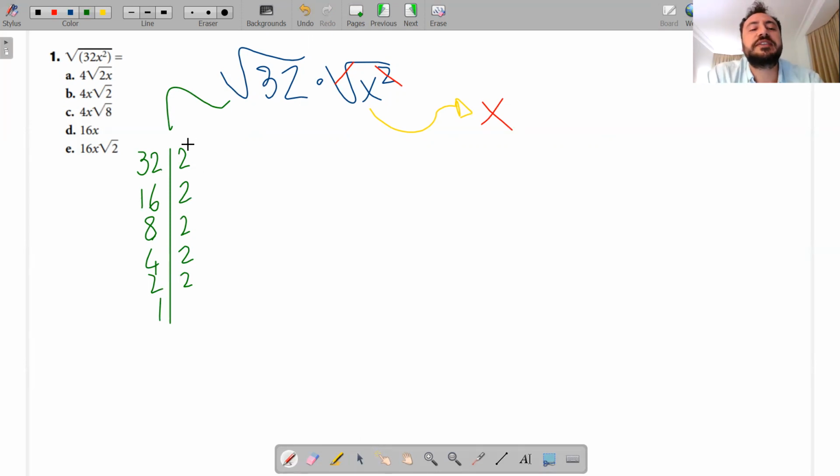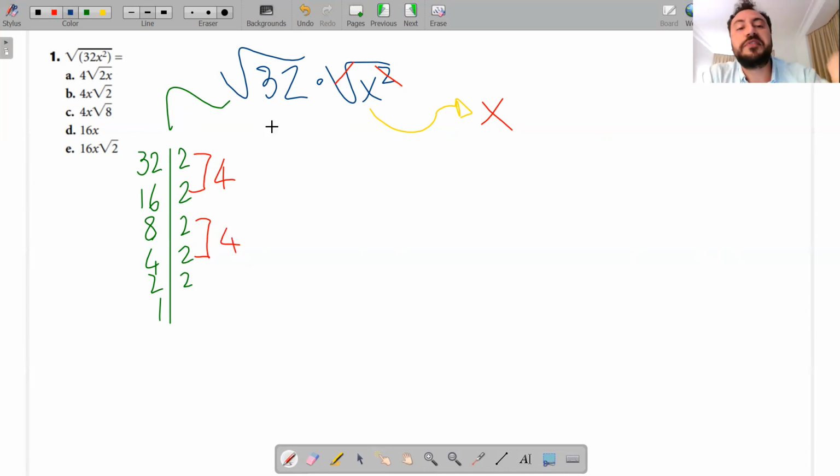So 32 can be rewritten as a series of multiplications of 2 by 2 by 2 by 2 by 2, which is 2 to the power of 5. At the same time, these would be 4, these would be 4, and this would be 2.